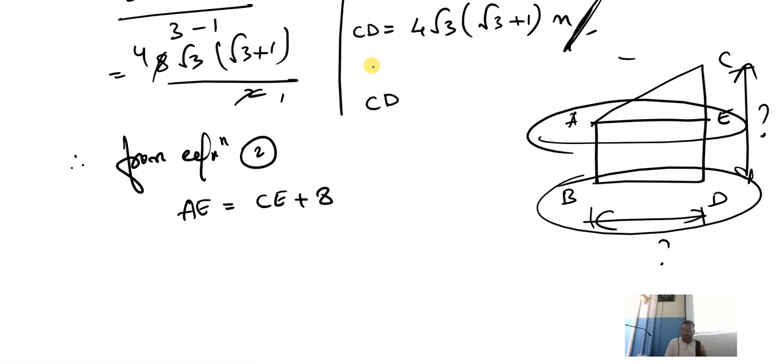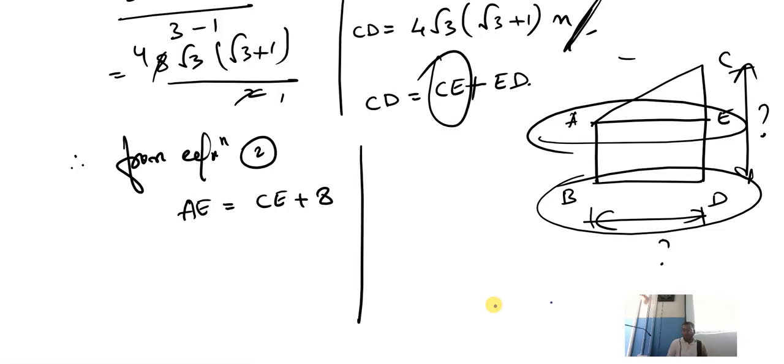What is CD? CD is equal to CE plus ED. Now we have to find CE from CD first. Clear? Still we don't know the CE value. How to find CE?